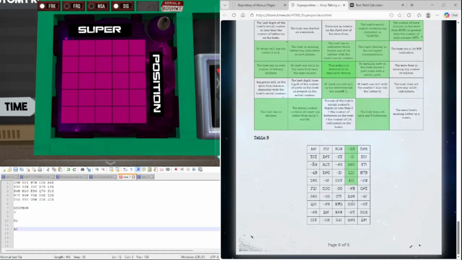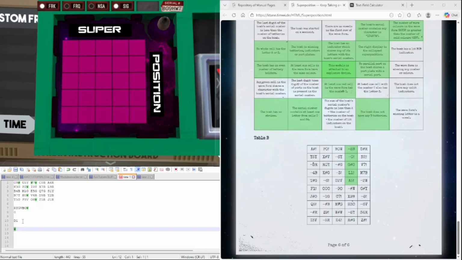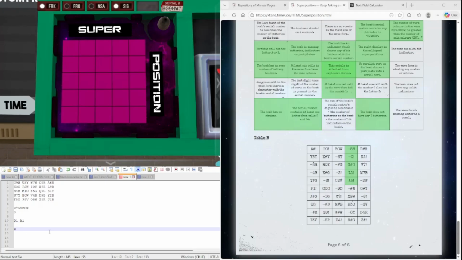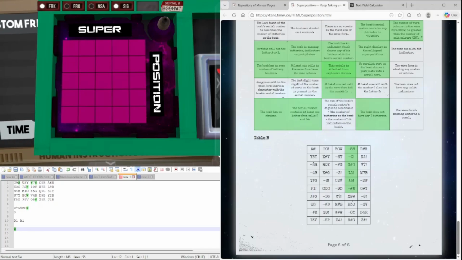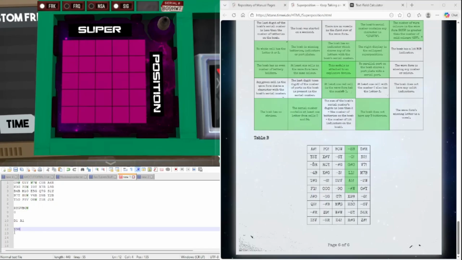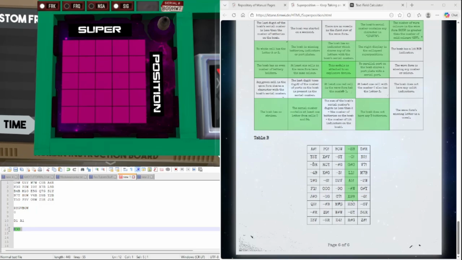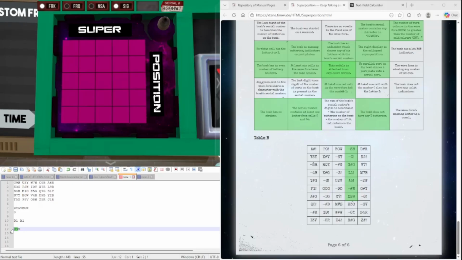Something something Y. So look for the whites this time. A1. X9B. H3O. Yeah.